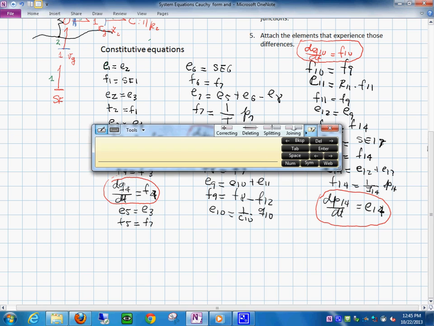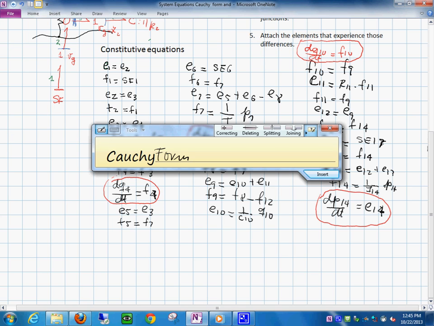One over p sub 7, like that. So that's one of the equations right there that we have just finished.